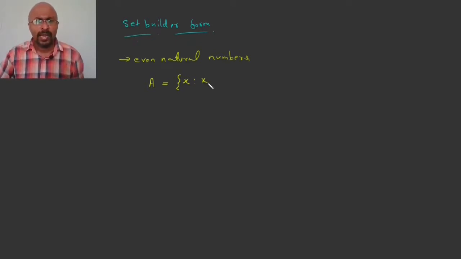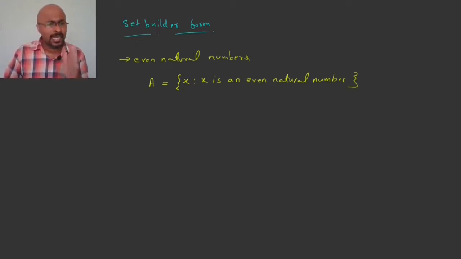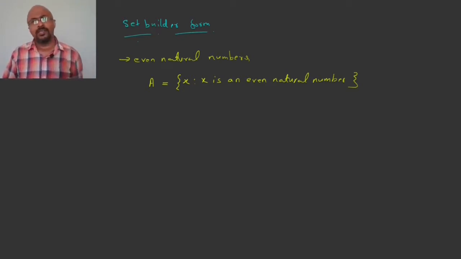So, I am writing x is an even natural number and close the bracket. So, I can write a set in this way. And this method of representing a set is set builder form method.